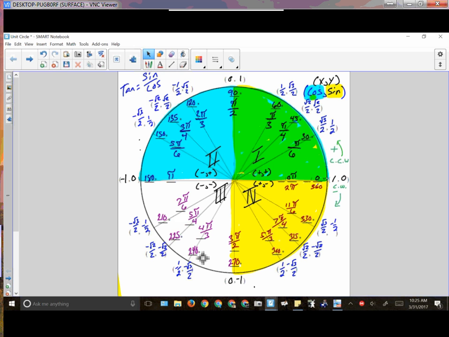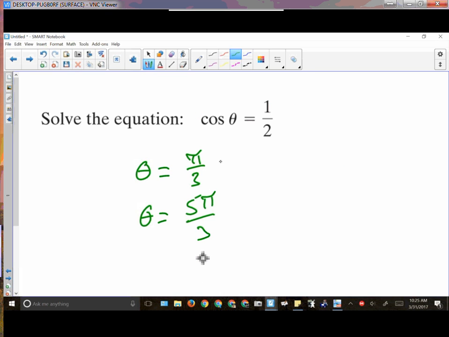But if I find that it hits my 1/2 at pi over 3, where will I get this again? Well, if I go around the circle another time, will it hit it? And it just keeps hitting it and hitting it and hitting it. So this is going to be plus 2 pi k.